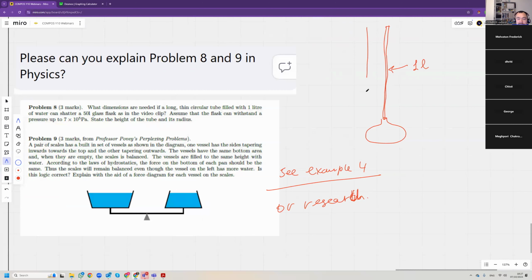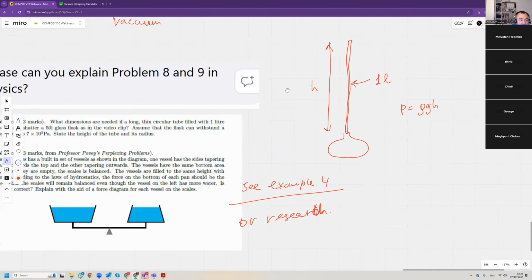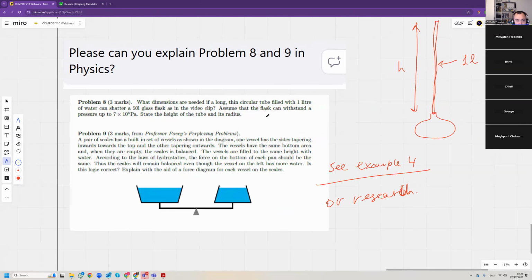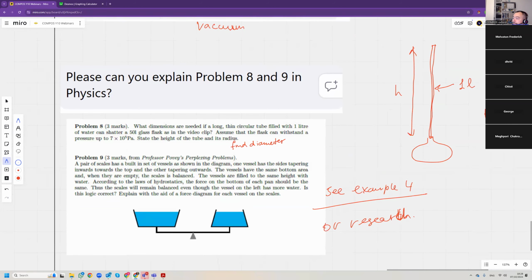To find the pressure, it depends on rho g h, right? So you can find h. And then you need to find the dimensions. That means the diameter, basically. They're asking for the diameter. Find the diameter of the narrow tube. That's what you need to do.